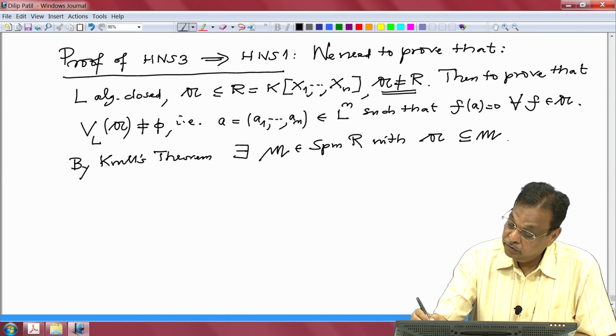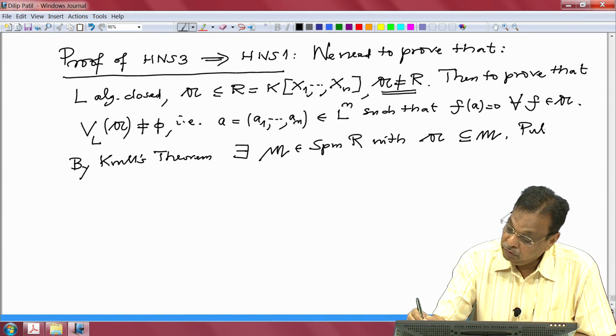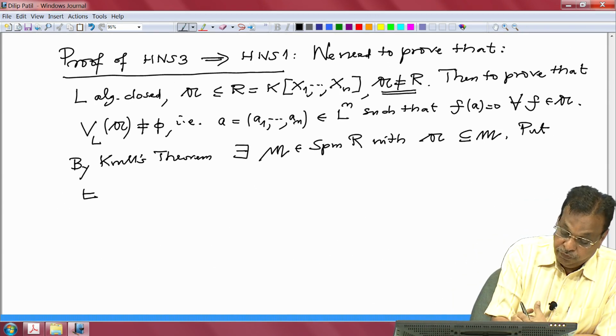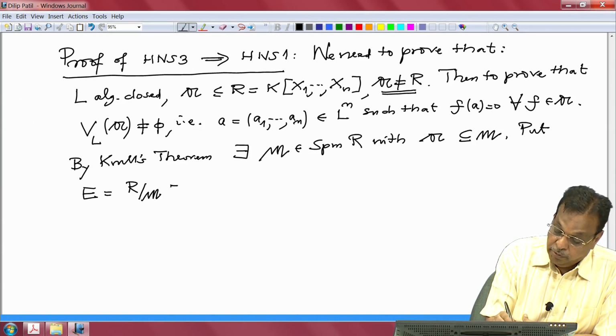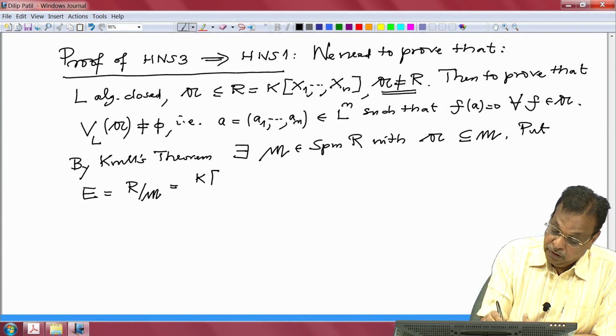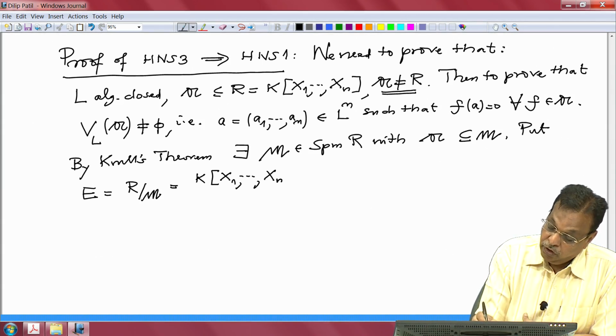And now we choose that maximal ideal and put E equal to R by M. R by M is the polynomial ring in n variables over K modulo the ideal M.